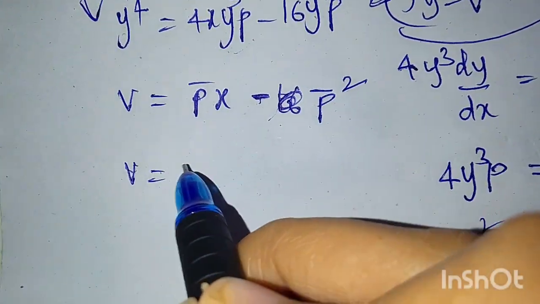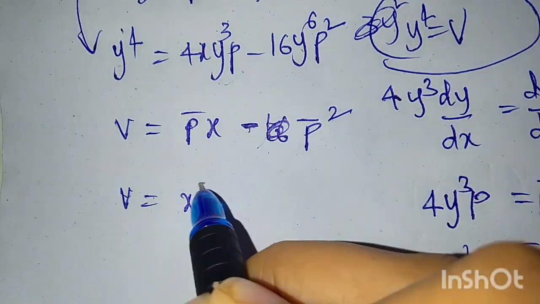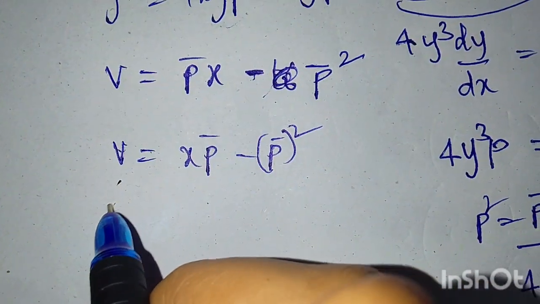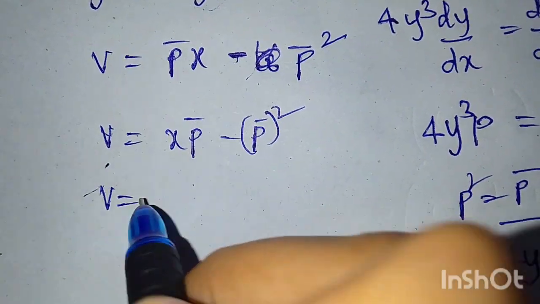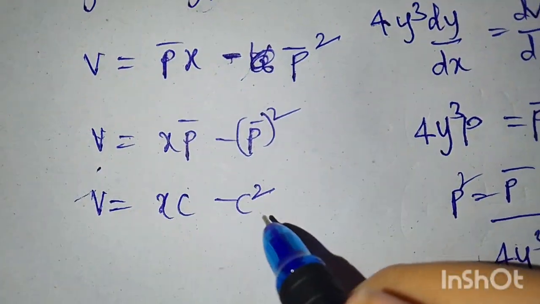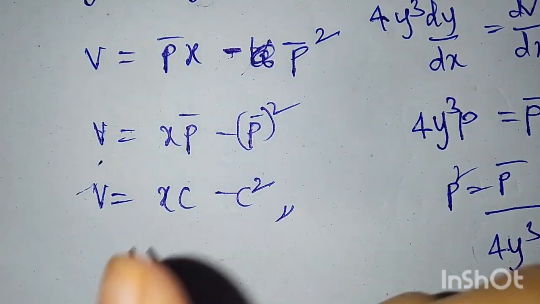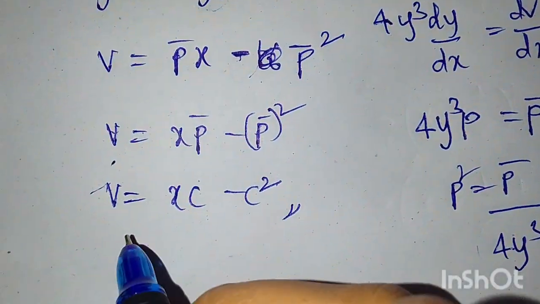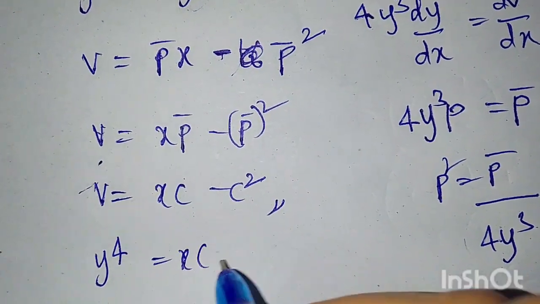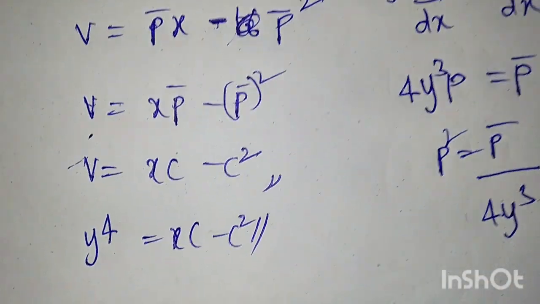So therefore v is equal to x p bar minus p bar square. Now what is the general solution? v is equal to xc minus c square. This is your general solution. So we have to substitute back, no? So y power 4 is equal to xc minus c square.